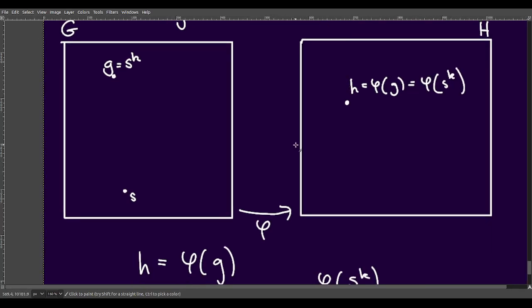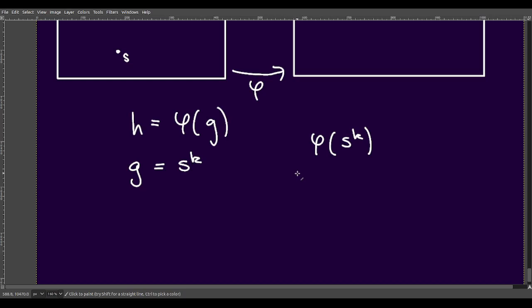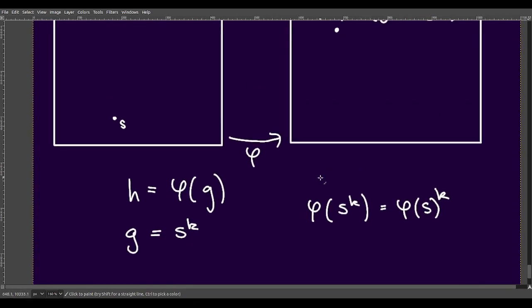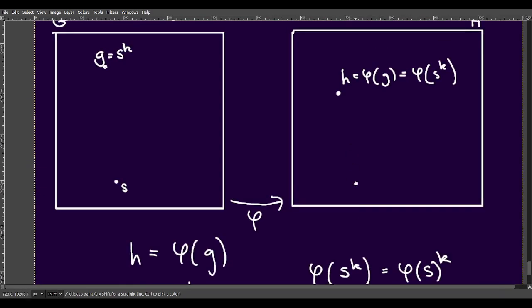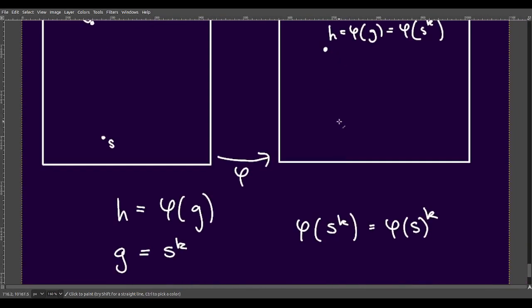Now, here's an interesting fact that you can prove by induction, and it's not too tricky, so I recommend you try it. You should be able to just quickly do it. Phi of S to the power of k is equal to phi of S, to the power of k. And you use the fact that phi is a homomorphism here.